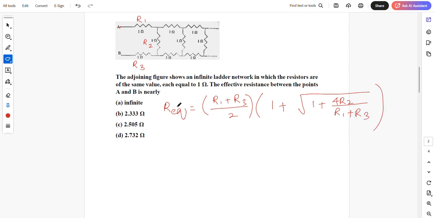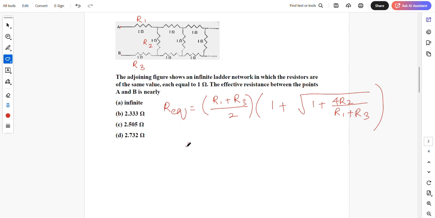If you remember this one, it is very easy to solve these kind of problems.